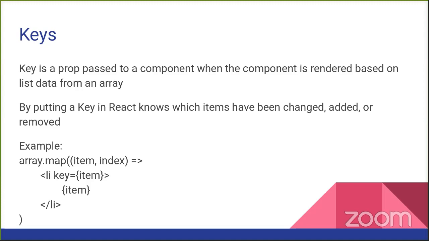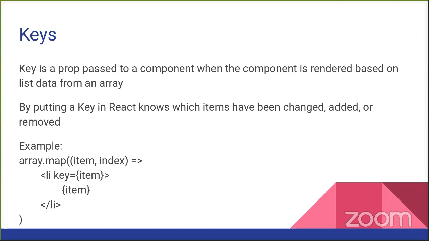Keys are passed to components when the component is rendered based on list data from an array. The reason you want to do that is because React has trouble tracking dynamic components like that. It can do pretty well with stuff that you return directly from JSX, but if you are generating it based off a list array, React can't really expect it.